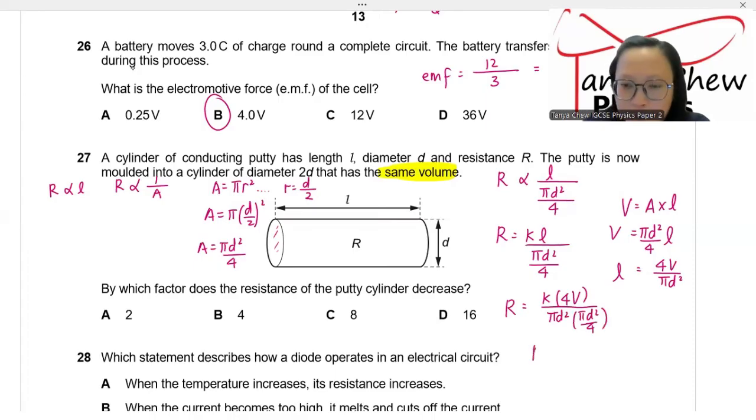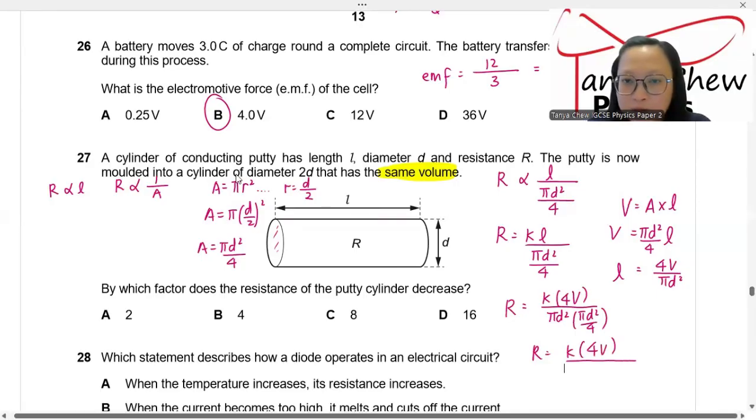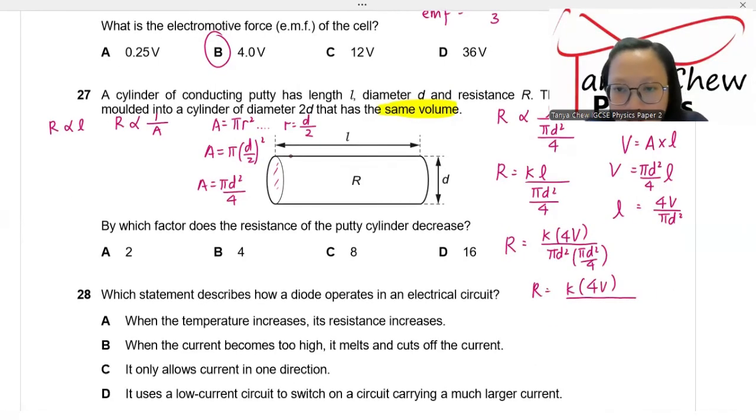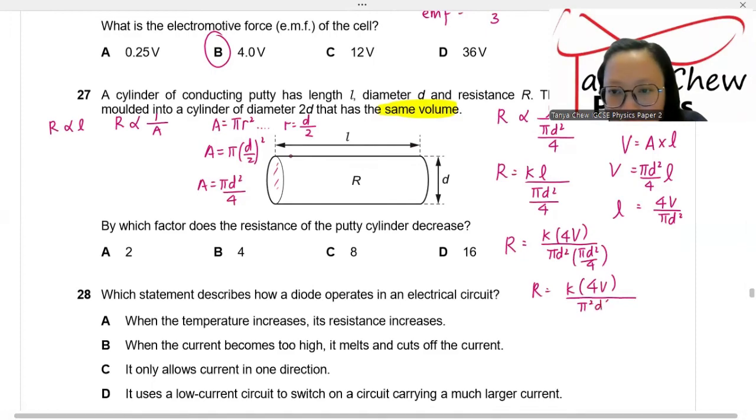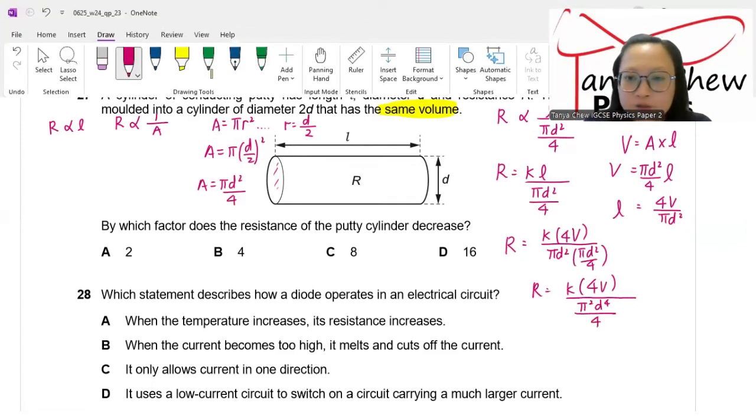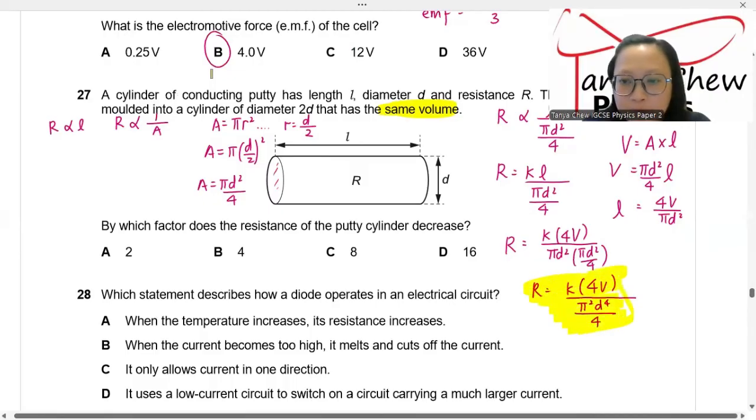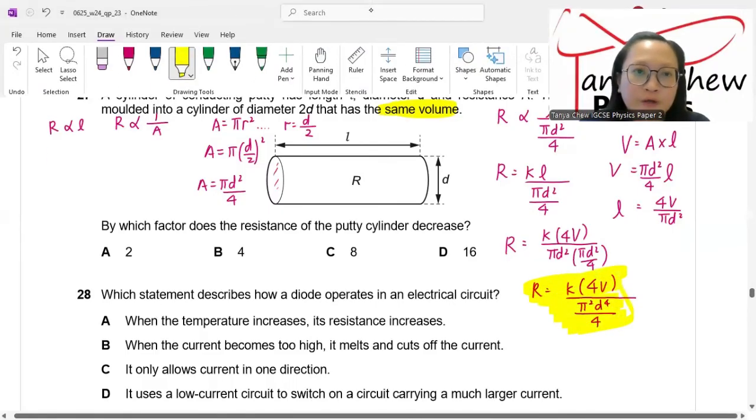It looks very complicated. Yes, it is. So I try to simplify this. K times 4V over, V means volume, not the PD or EMF, pi squared D to the power of 4 over 4. Bear in mind, I am going to use the same equation that I derived here for the new cylinder.